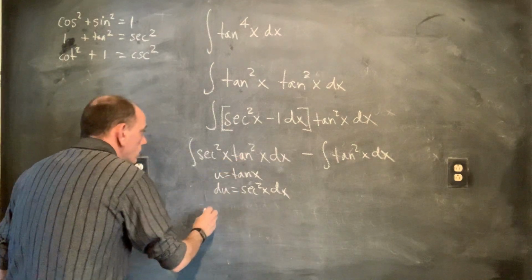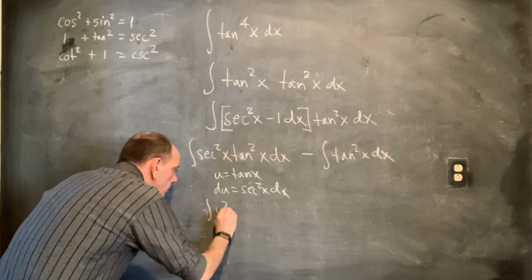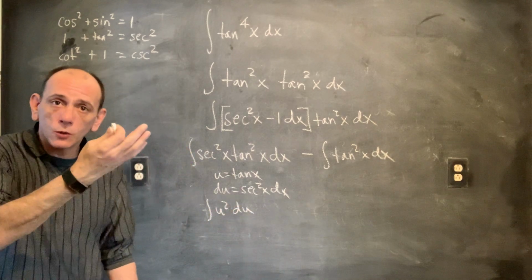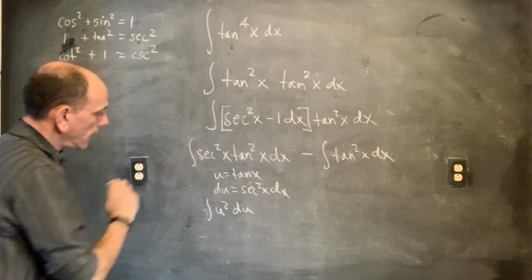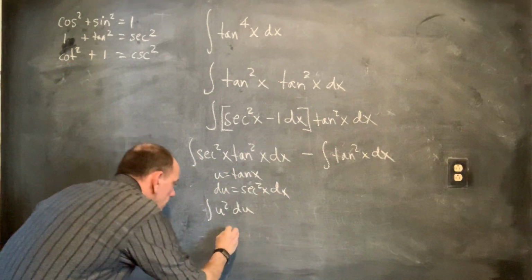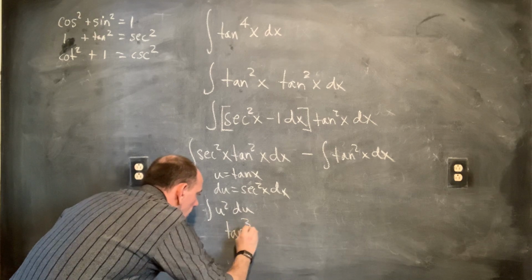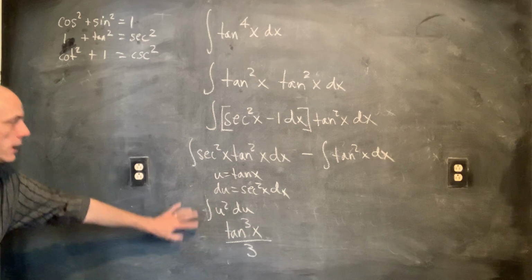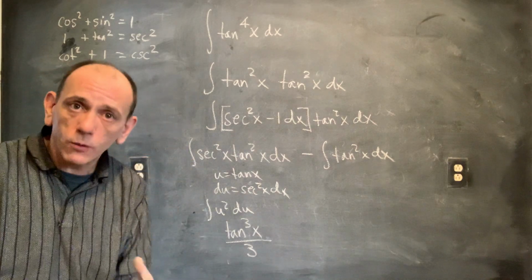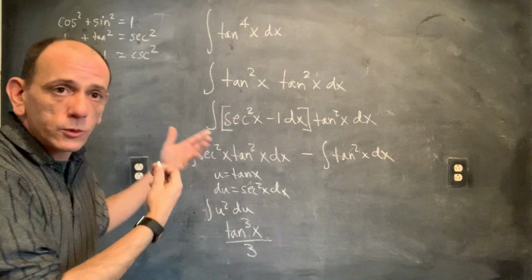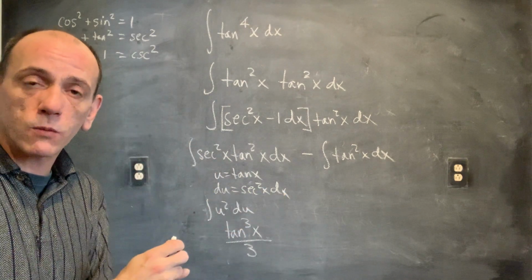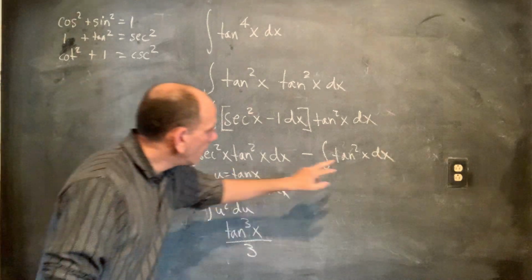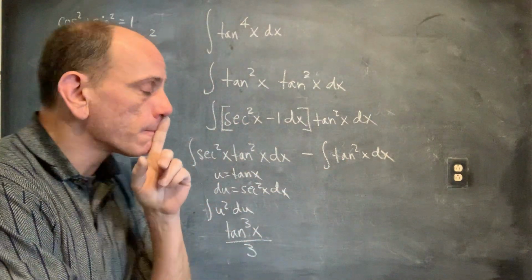So this is a straight u sub, u squared du, which gives me u cubed over 3, but in this case our u is tangent, so tangent cubed x over 3. Okay, so we got this piece done in the way that we were hoping. We wanted to u sub for tan, and so we got the secant involved. There our du is just sitting right there.